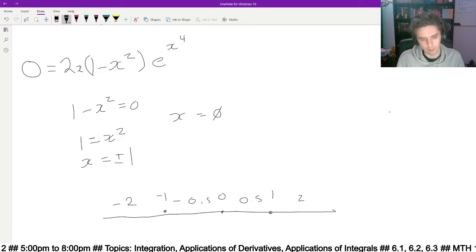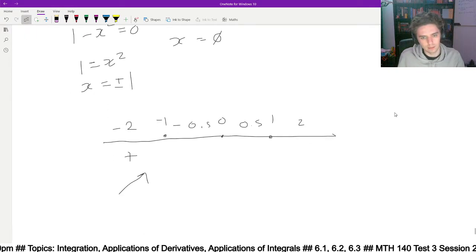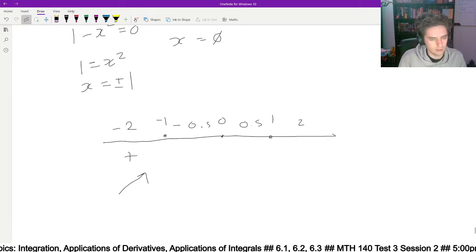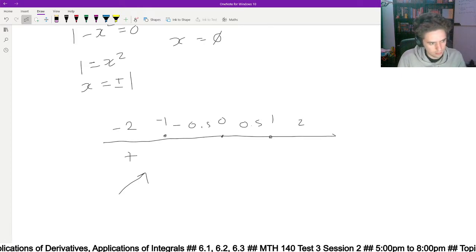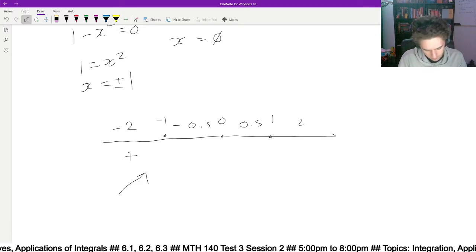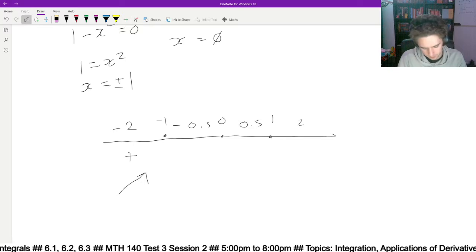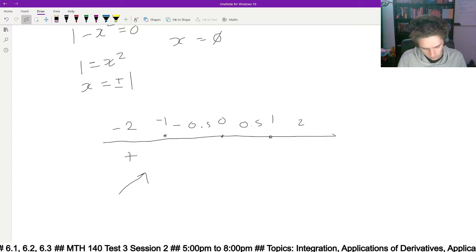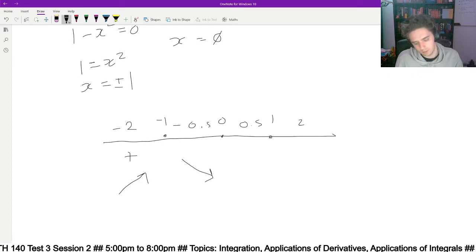Okay, so I got a positive number, which means that f is increasing. Then I'll choose -0.5. I got a negative number, so f is decreasing.